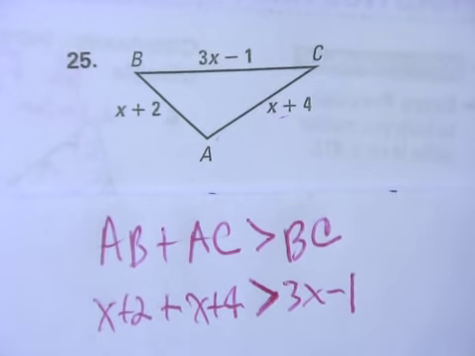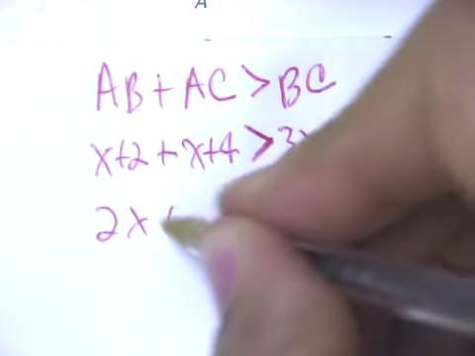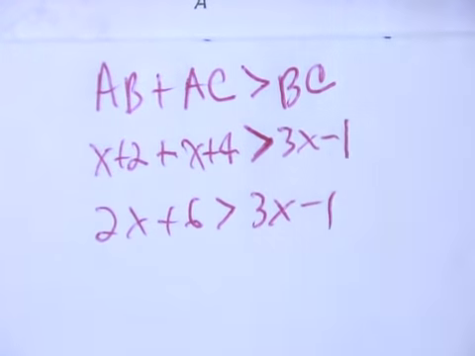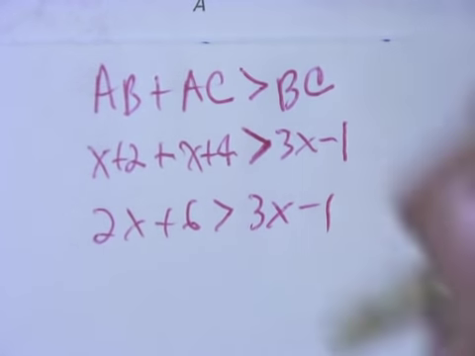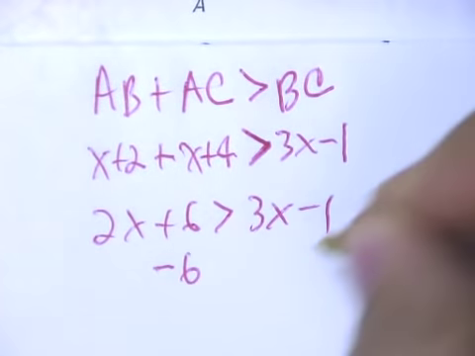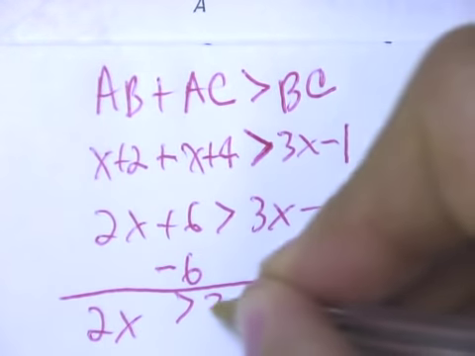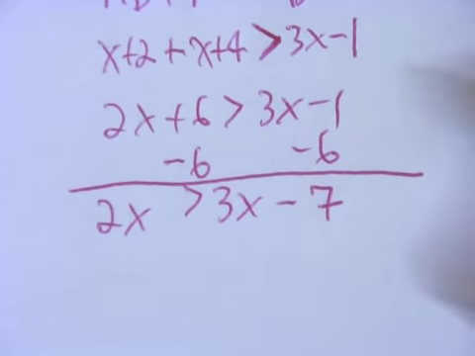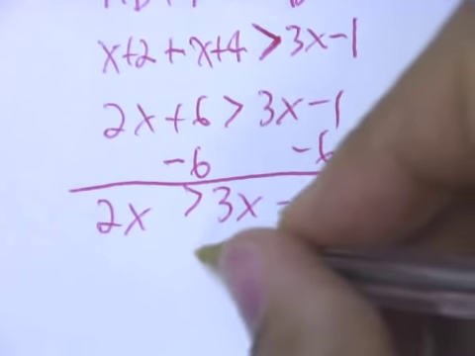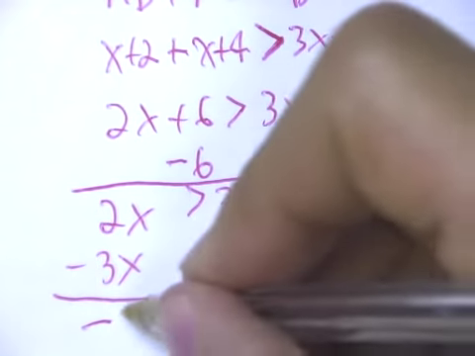I know that A to C is x plus 4, and these two together are going to be greater than the third side, which is BC, which is 3x minus 1. Combine like terms, so I'm going to get 2x plus 6 is greater than 3x minus 1. Well, now I'm just going to do a little algebra here. So minus 6, minus 6. I'm going to get 2x is greater than 3x minus 7.